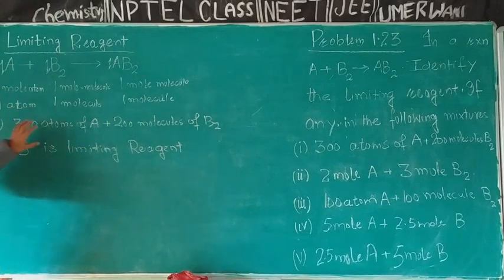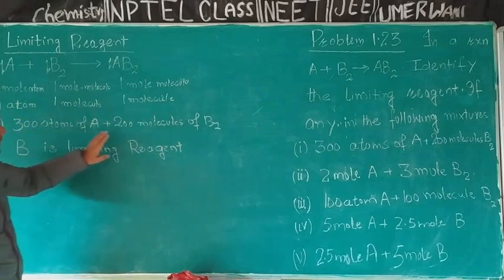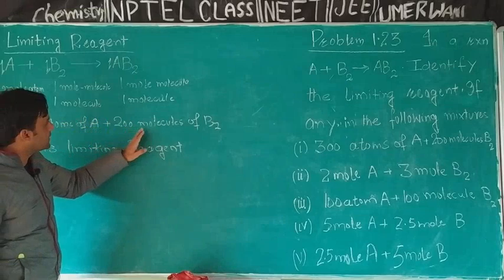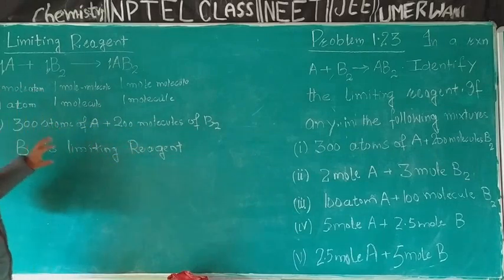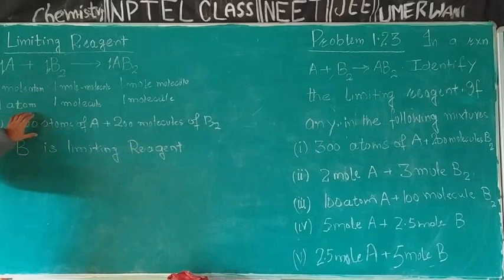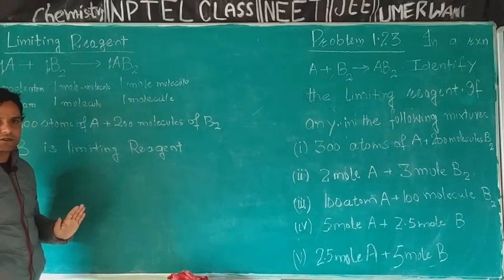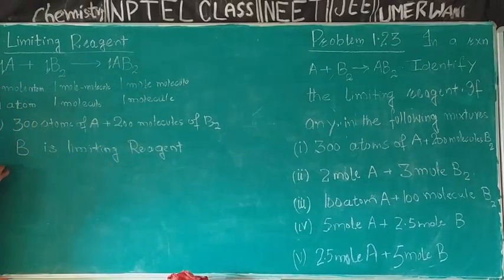Therefore, in this mixture, A is the excess reactant, but we have to identify the limiting reagent, so I will say B is the limiting reagent. Now, taking the second part.